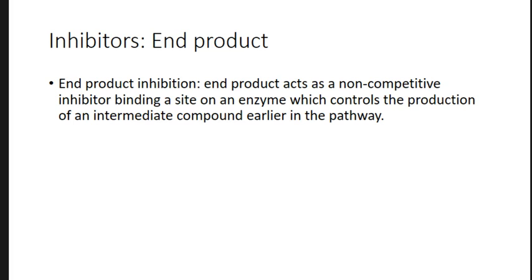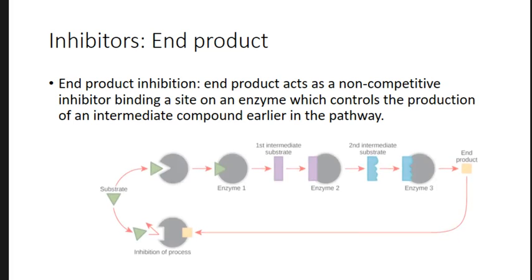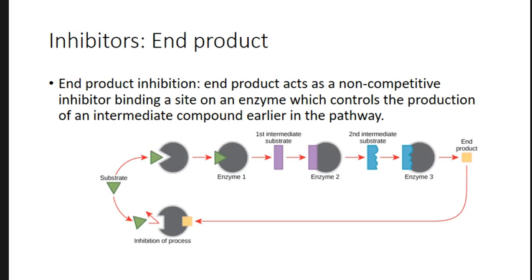As a visual for this, because I think it's helpful to see it, we've got a metabolic pathway here with our cute little green substrate and our enzyme. The reaction of the substrate and enzyme 1 produces our second substrate, which is actually going to interact with a different enzyme. This product becomes a reactant to produce another substrate, which now becomes a reactant to produce this end product.